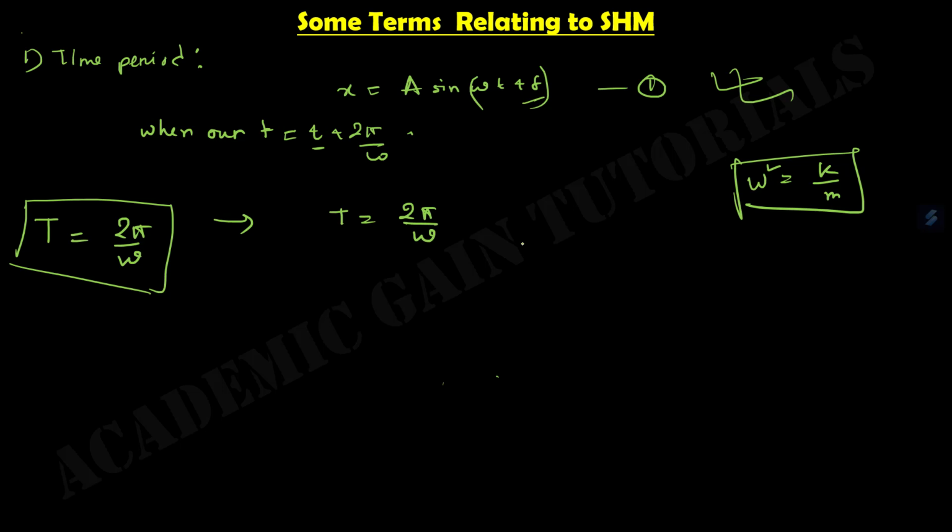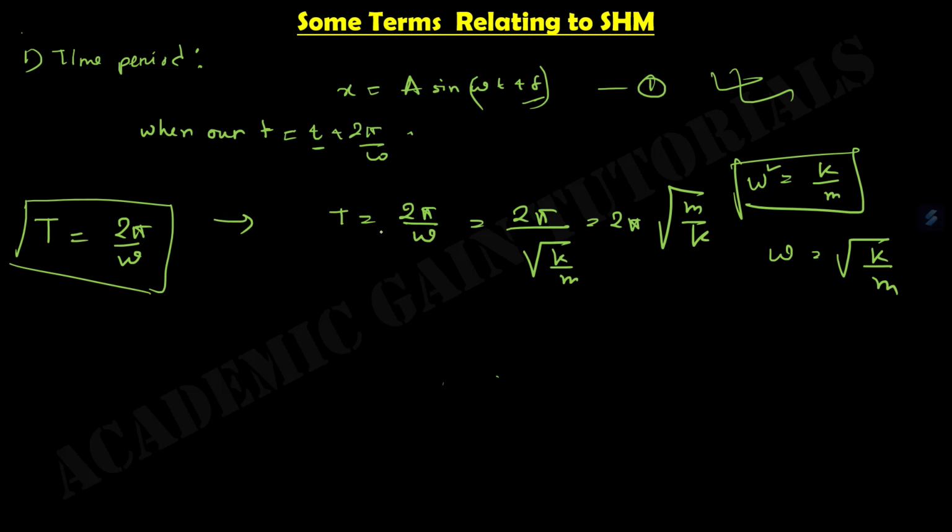So instead of omega, I can write omega equals root over k by m. So T equals 2 pi root over m by k. This is another term we derived, and this is the equation for our time period.